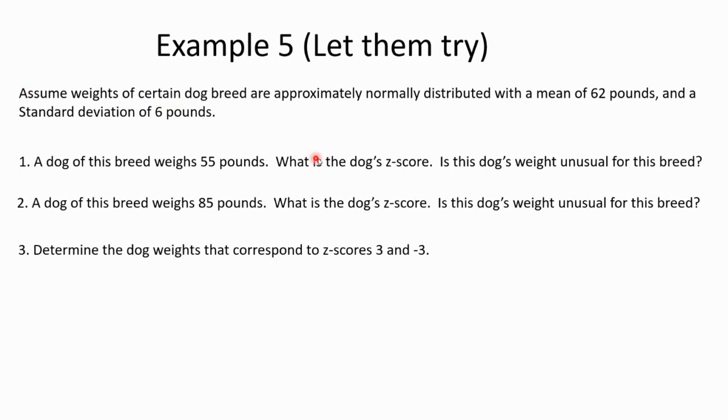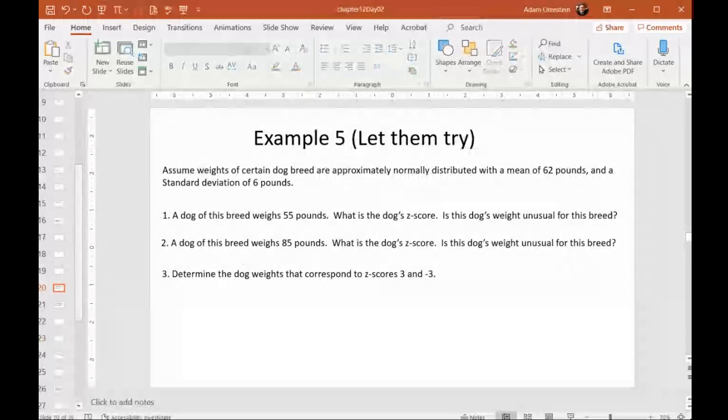You have weights of a certain dog breed that are approximately normally distributed, with a mean of 62 pounds, and the standard deviation is 6. So you're going to calculate some z-scores. I want everyone to try that out now. But again, I'm going to stop the recording.